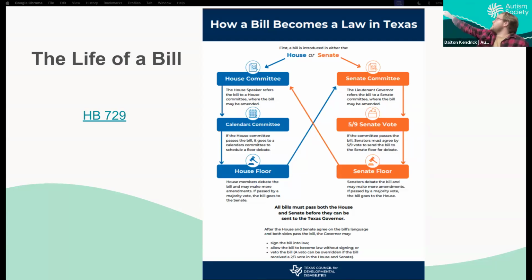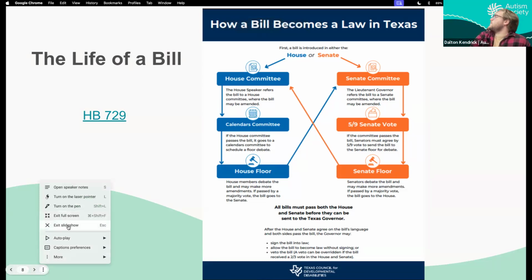Cool, all right, it passes, moves over to the Senate, where it'll get put on a committee. It'll pass and go to the floor, passes on the floor, and then they both go down to the bottom, where the bill ends up on the governor's desk, where he determines what'll happen with it. So a good example of this, let's see.